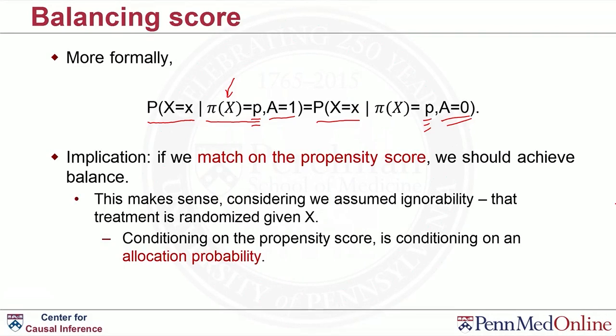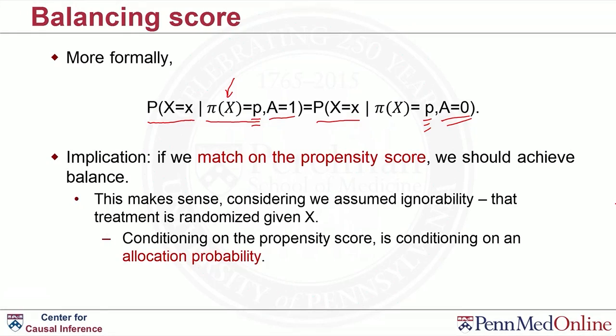And this makes sense because we assumed ignorability. So remember, ignorability essentially means that treatment assignment is random given X. So what we're really doing by conditioning on a propensity score is we're conditioning on an allocation probability. So all we're really doing is conditioning on the rate at which treatment should be assigned.